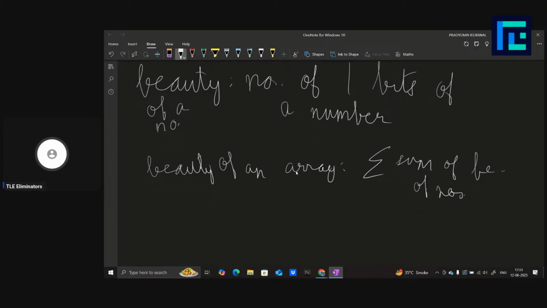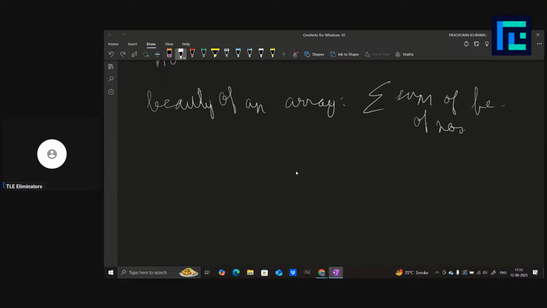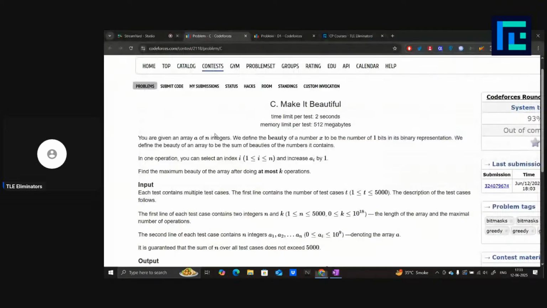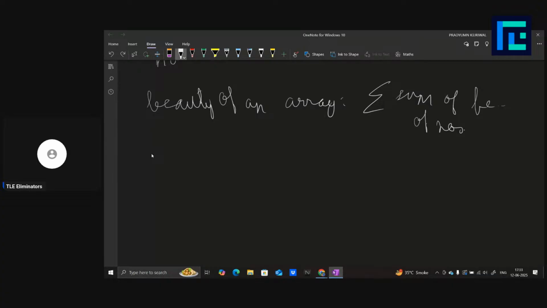So essentially, the beauty of an array is just equal to the number of 1 bits in the entire array. Like if you have 0 1 7 2 4, this is the array.